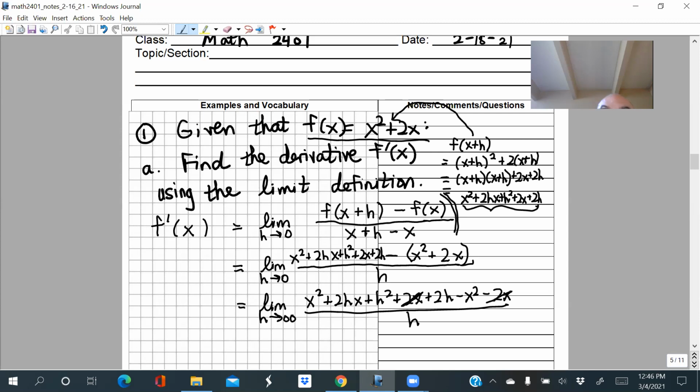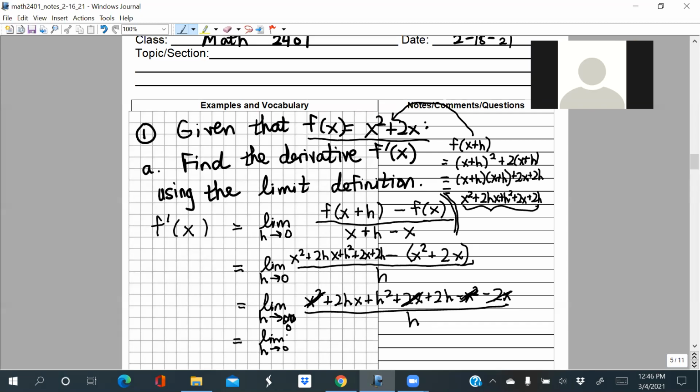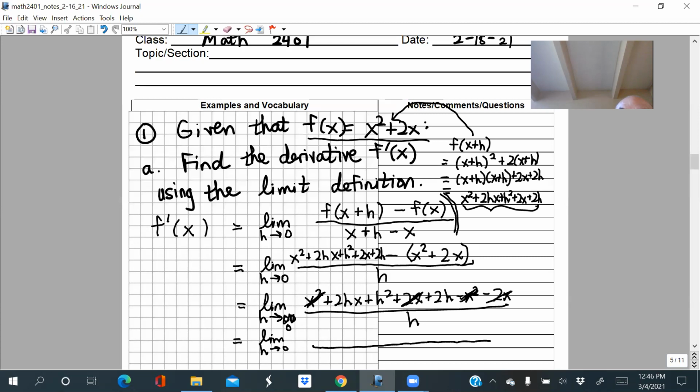Yeah, the x squared, right? So this x squared and this x squared go away. So see, that helped a lot. And now you have the limit as h, again, goes to, oops, it's supposed to be a 0 here. As h goes to 0, I put infinity there. Because a lot of times we take the limit as h goes to infinity, but we're not doing that here.